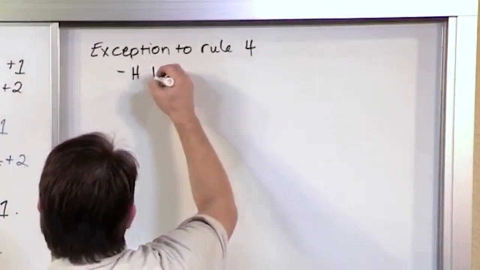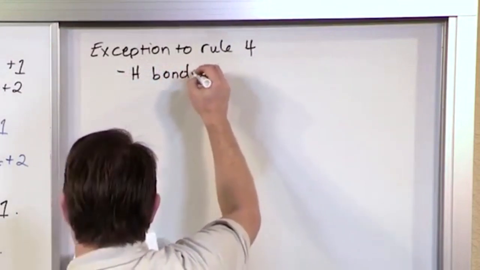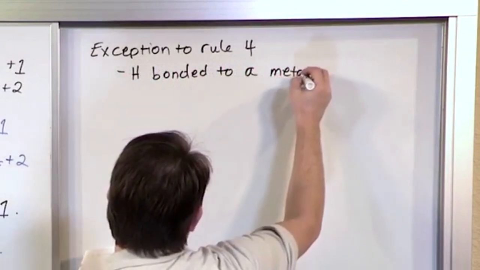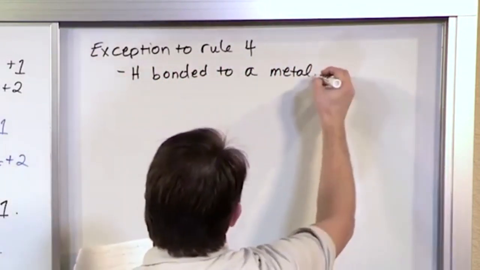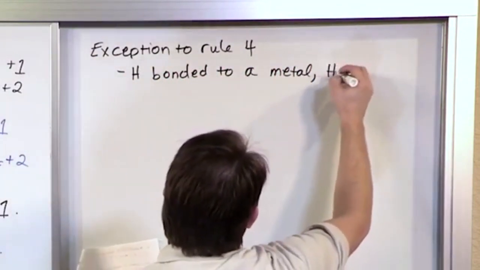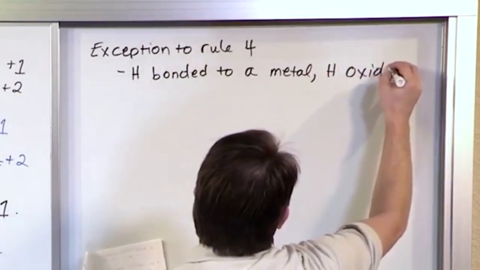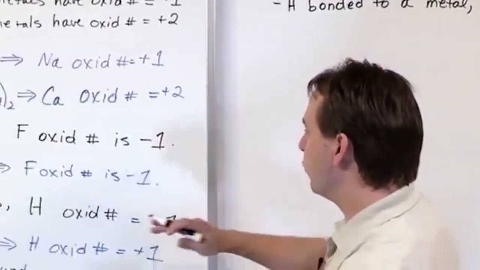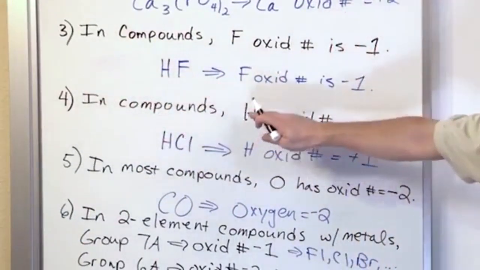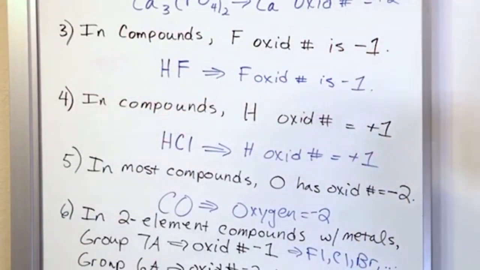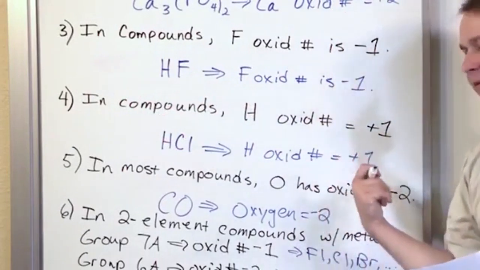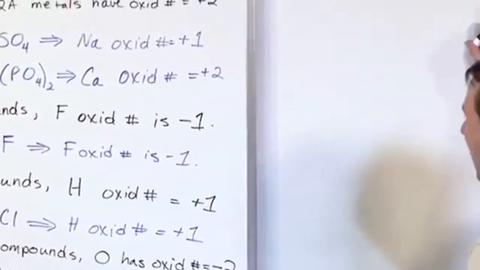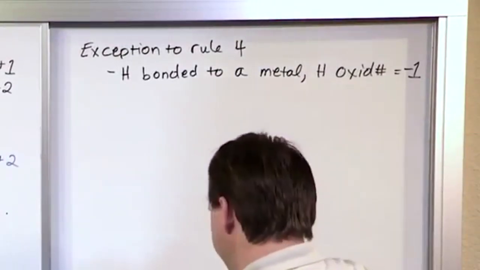If hydrogen is bonded to a metal, then the hydrogen oxidation number is actually -1. So notice what this rule said. It said in compounds, hydrogen's oxidation number is +1. So you would take that to the bank and you would assign +1. However, there's an exception. If hydrogen is bonded to a metal, then the oxidation number is -1.